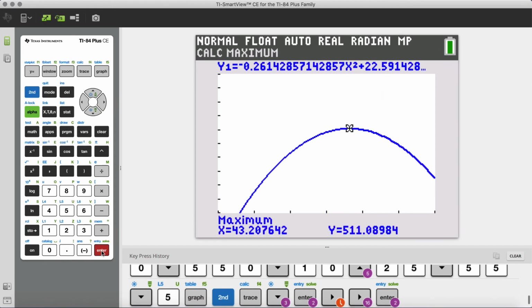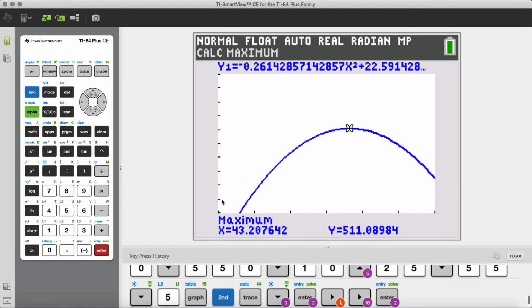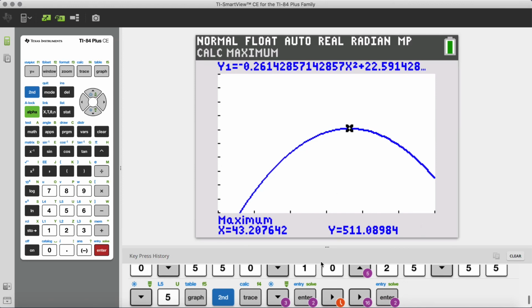And it looks like the angle that chucks the pumpkin the furthest is going to be 43.208 degrees. And that's because the angles are our x values in our lists. So our x value right here tells us exactly where that angle would be. And the furthest distance that it would travel is 511 feet.